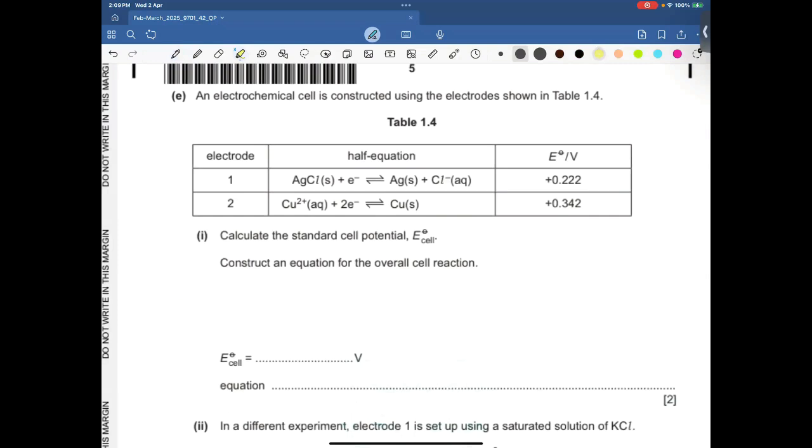An electrochemical cell is constructed using the electrodes shown in table 1.4. Calculate the standard cell potential E0 cell. Construct an equation for the overall cell reaction. All right. Now this half cell has a more positive SEP value, which means I will write it down as it is in the reduction form.